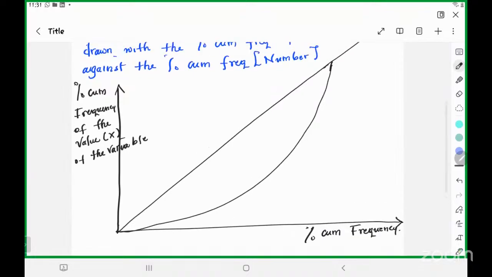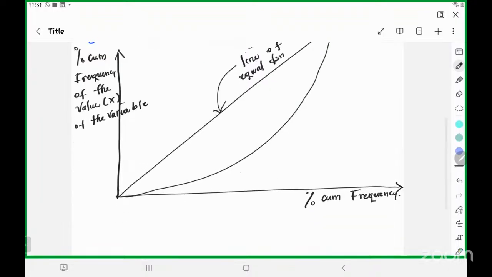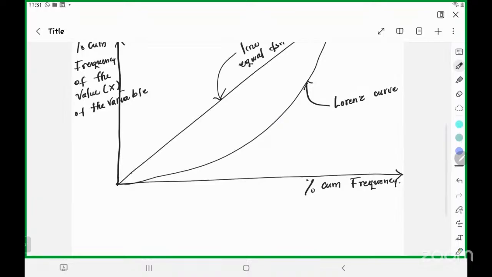This is what we call the line of equal distribution. And this is the Lorenz curve. This line here is at 45 degrees. Usually it's a normal distribution of incomes.